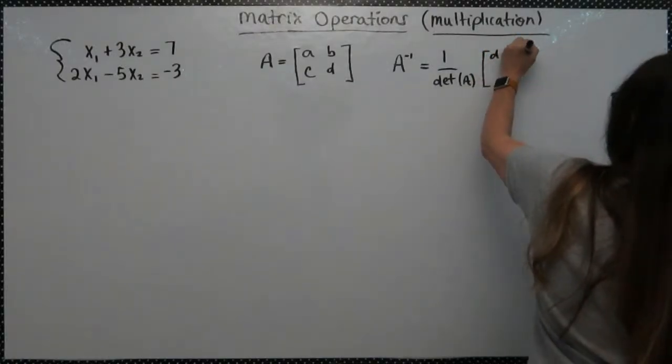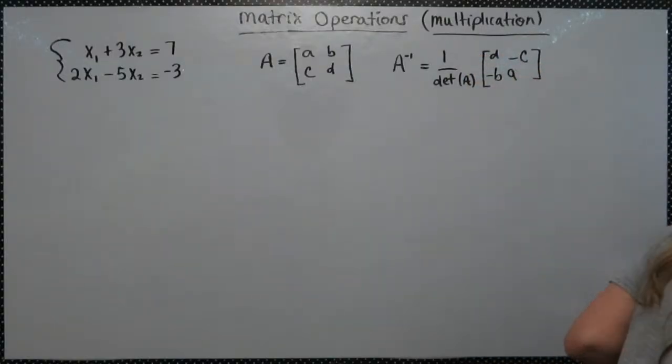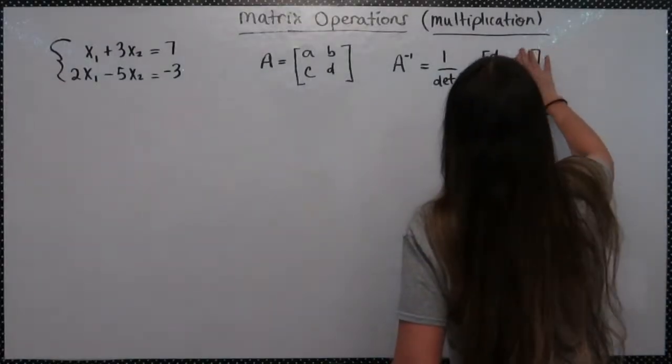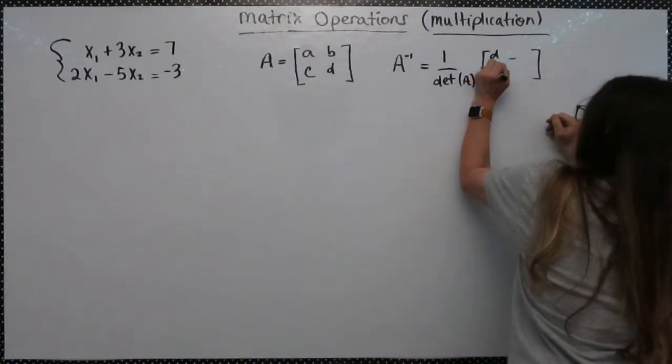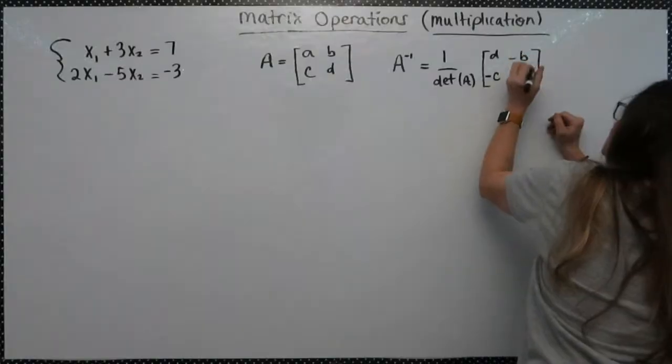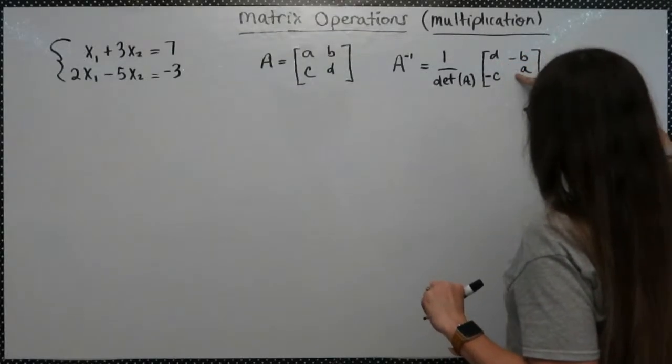So this becomes -C and -B. I'll just make sure that I did it right. Wait, did I get it backwards? A, B, C, D. How did I get that switched? All right, hang on. It's -C, B, and A. So they don't swap out the diagonals, you swap out this diagonal and then negate this one.